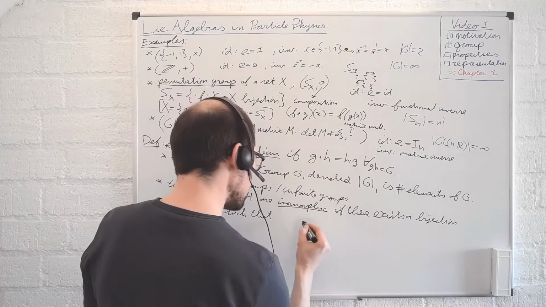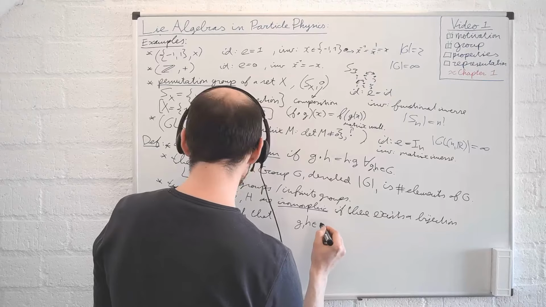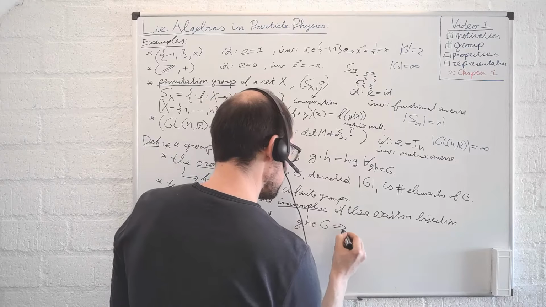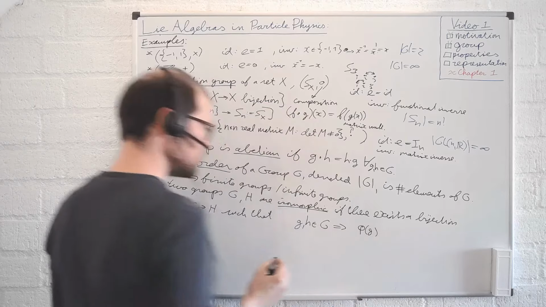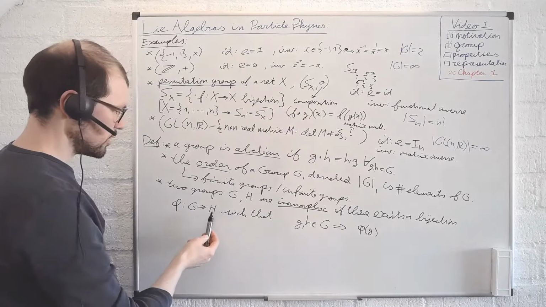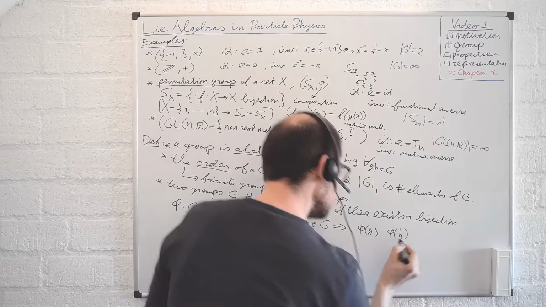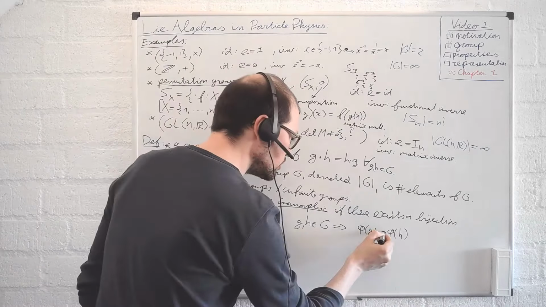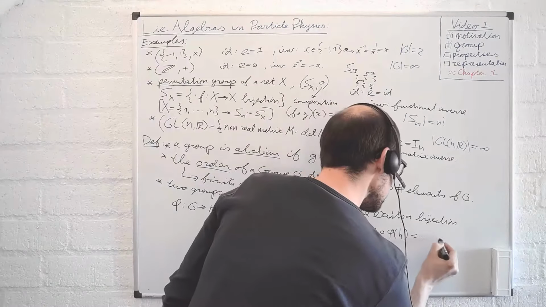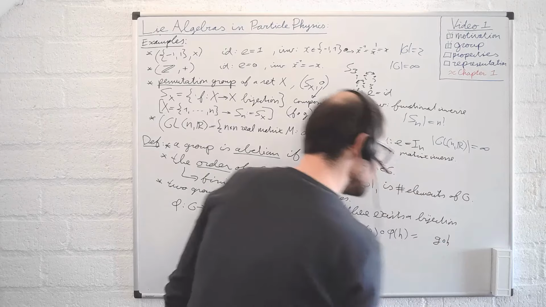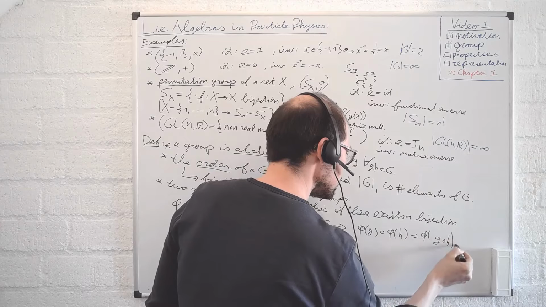That means if I take elements g and h in G, then I want that if I take the image of g, which will be an element in H, and the image of h, and I compose them using the binary operation in H, that is really the same as taking the operation in G and then mapping it to H.